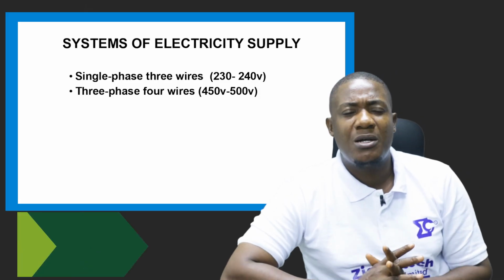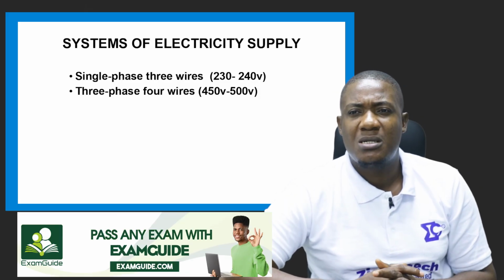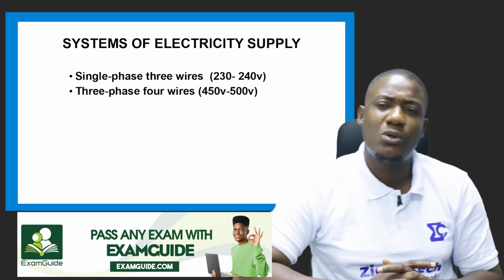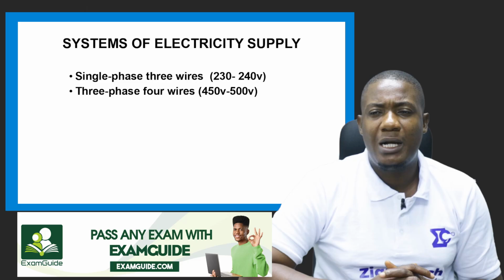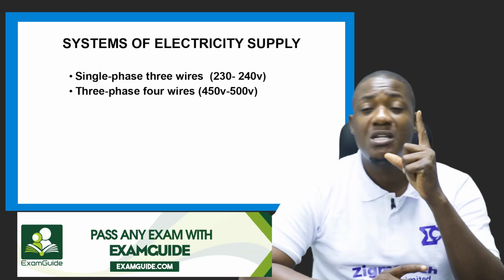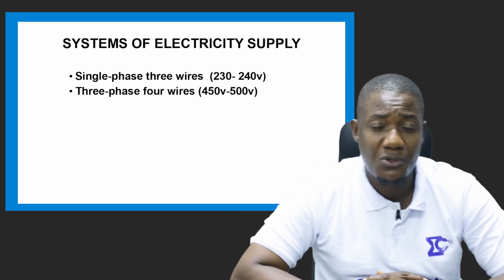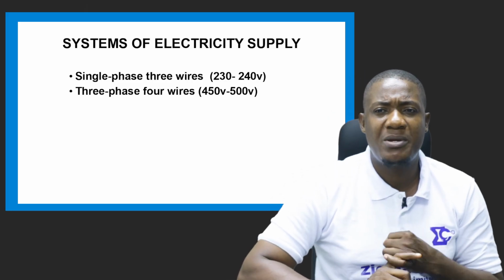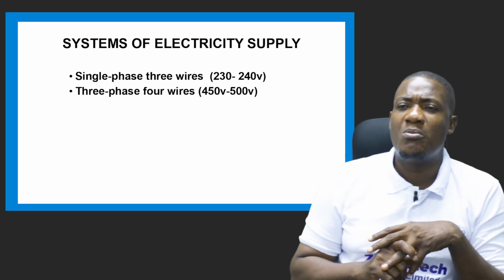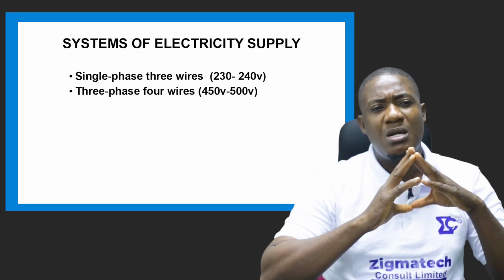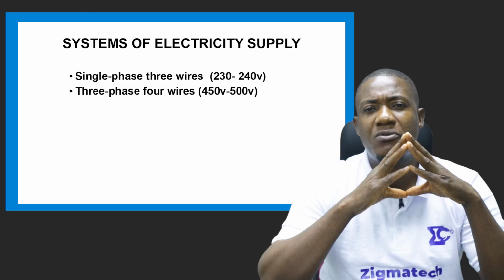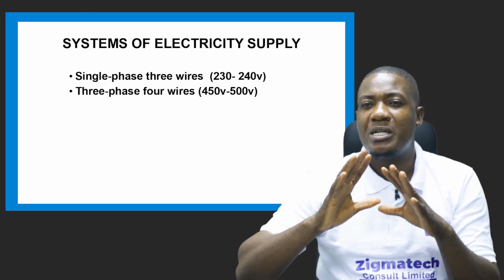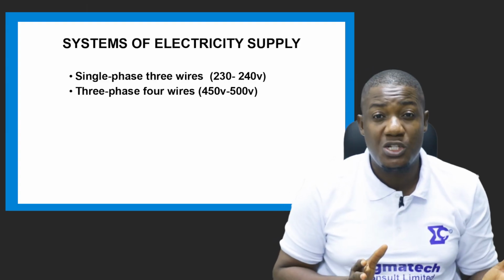Now, there are two systems by which electricity can be supplied to our homes. One is what we call a single-phase three-wire system. I'm going to show you what it looks like. We also have the three-phase, four-wire system. The single-phase three-wire system is a system of electricity supply to certain locations where we don't have many people, maybe in some villages.